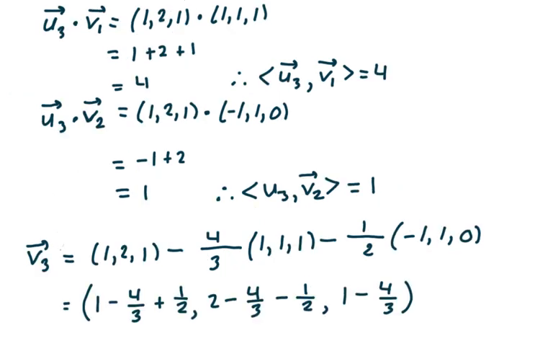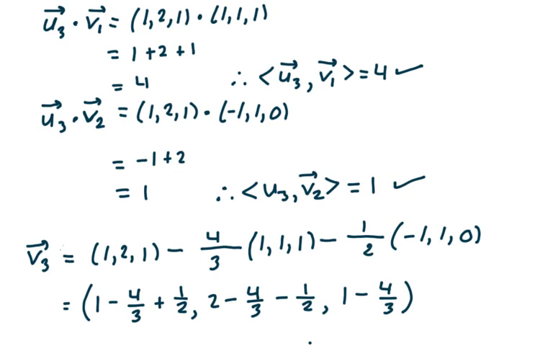Come over to here. So U3 dotted with V1 is equal to 4. And so the inner product of U3 and V1 is 4. U3 dotted with V2 is equal to 1, and so the inner product of U3 and V2 is 1. Now we're set up to figure out V3.